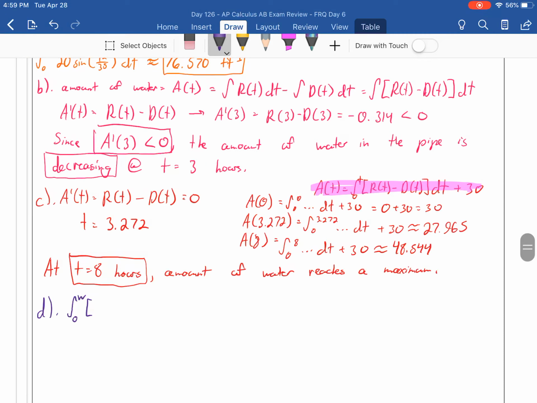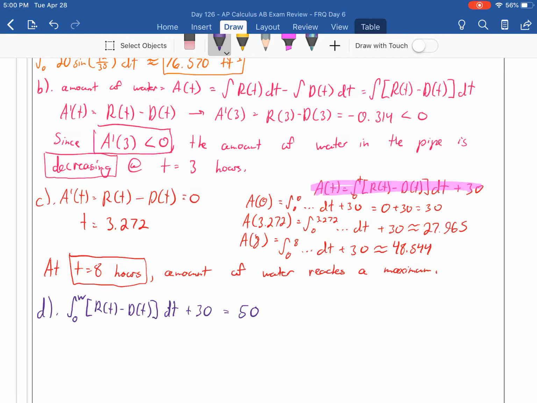So 0 to W of R of t minus D of t dt plus 30. So we just simply have to figure out, when does this integral plus 30 equal 50? Because that's all it told us to do. Just write but do not solve the equation that would tell us the time W, and that's why I changed the interval value to a W.